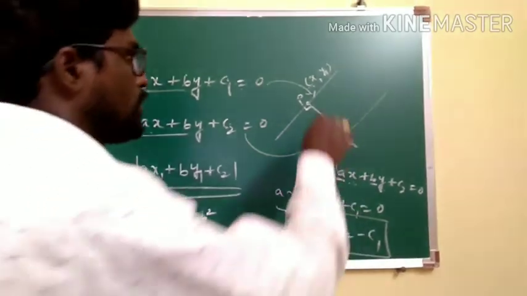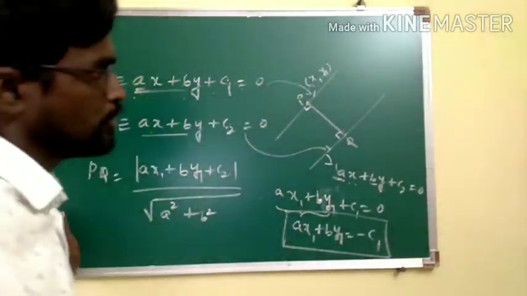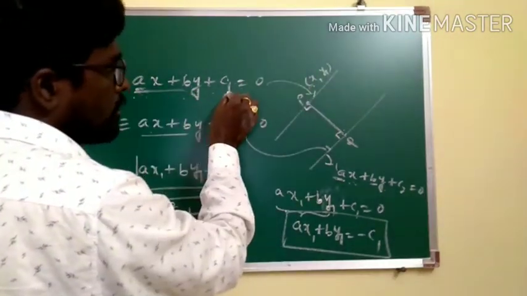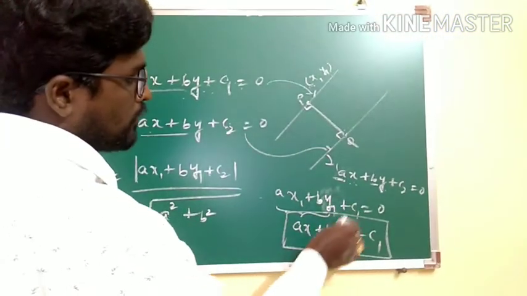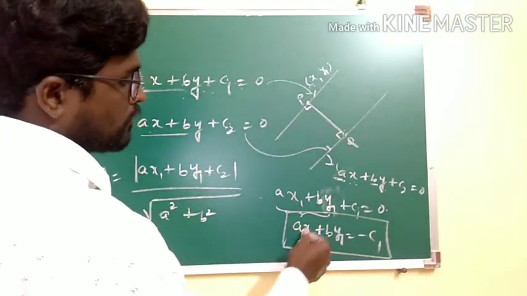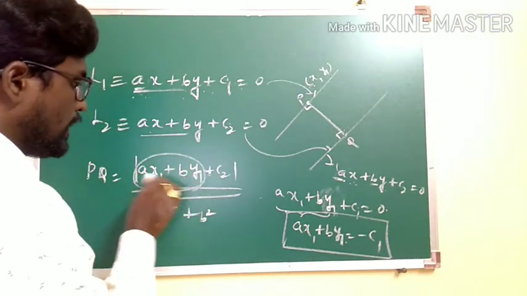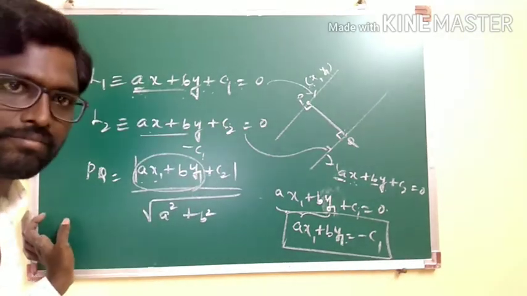Now x1 y1 is a point on the line 1, that is ax plus by plus c1 equal to 0. Since x1 y1 is a point on the line L1, this should satisfy this. Therefore ax1 plus by1 plus c1 must be 0, and hence ax1 plus by1 equals minus c1. So here this ax1 plus by1 I am going to replace by minus c1.